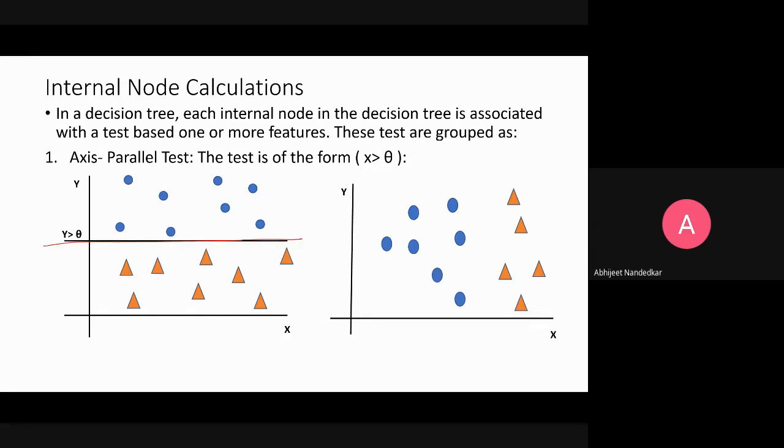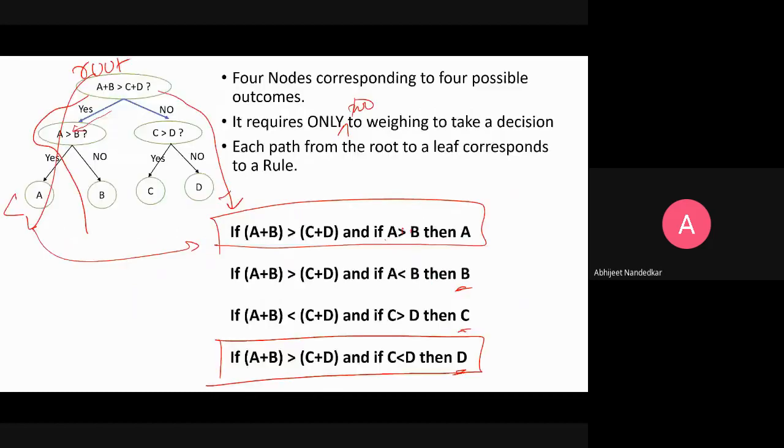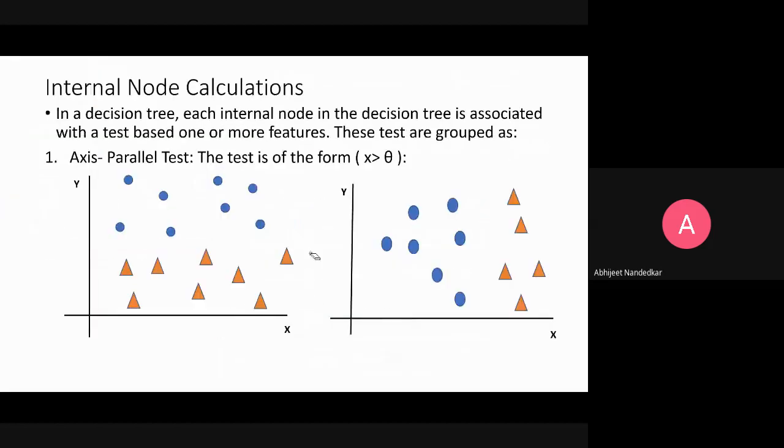So whether you are above this line or below this line is what we are checking. This set which was given to you, say this was the complete set, this is called a data set. This is your data set, which is the complete samples belonging to 2 different classes.